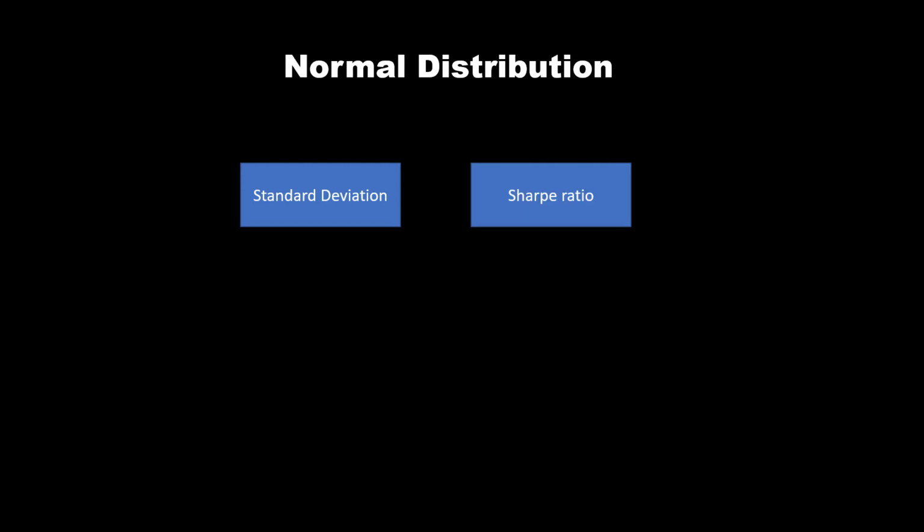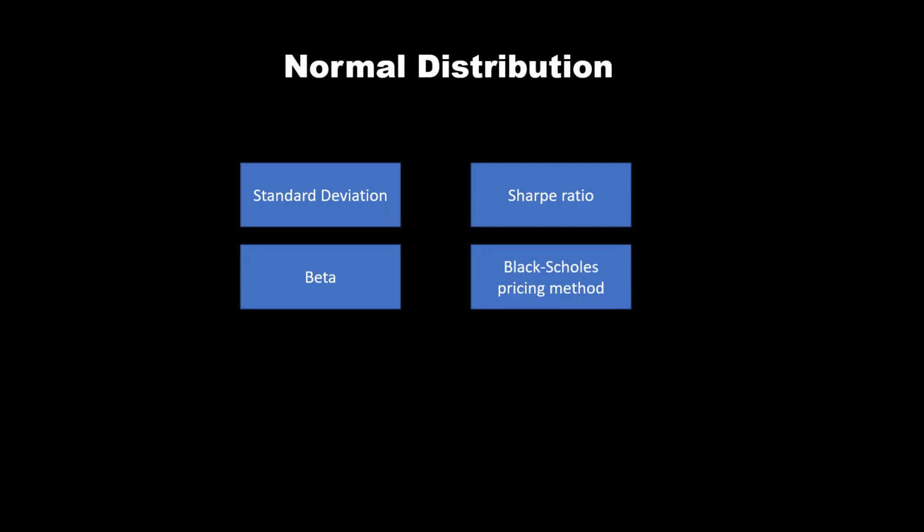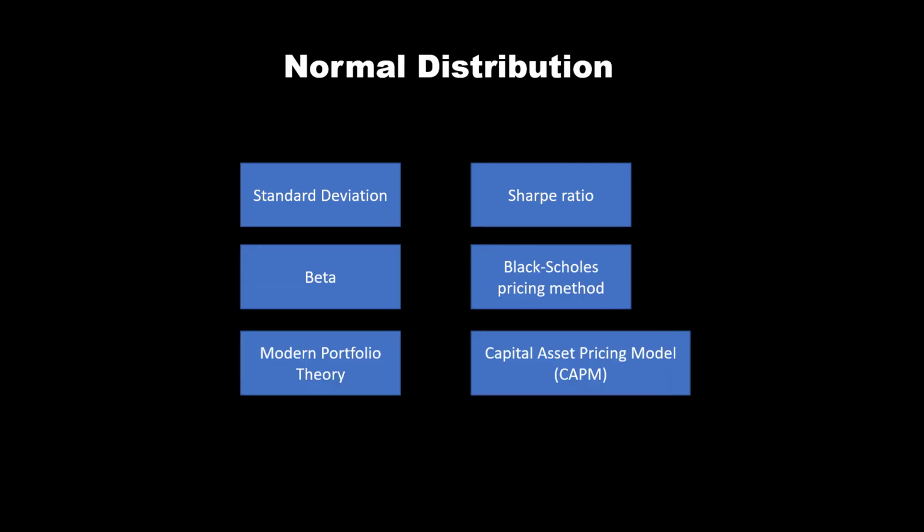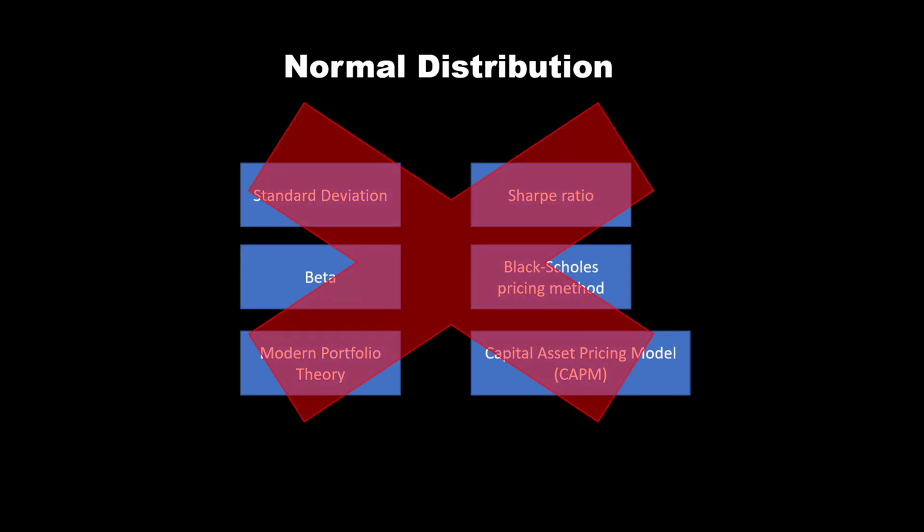There are different components and different theories in the normal distribution. We have standard deviation, Sharpe ratios, beta, Black-Scholes pricing model, modern portfolio theory, CAPM, and all of these try to find the accurate price of a stock using Gaussian models and normal distribution. We're not saying that they are completely inefficient, but we're saying that they are wrong since they do not consider randomness. Therefore, we do not use them in the 3-block system.